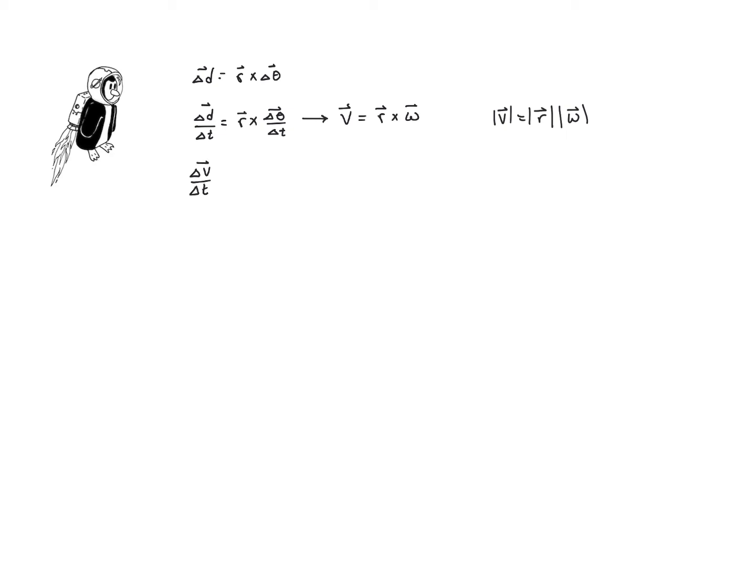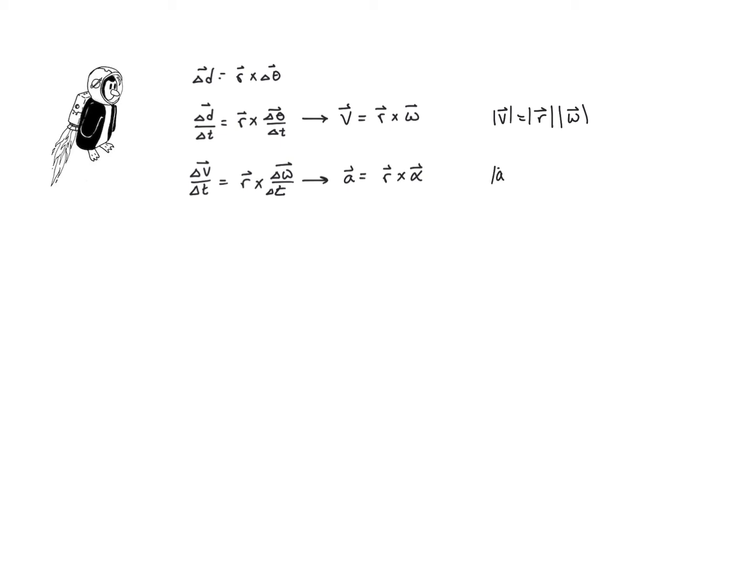So a change in velocity over time is our acceleration. We're still going to keep r constant, so that means we're going to cross it with delta omega over delta t. Well, that means I have an acceleration vector equal to the radius vector crossed with the angular acceleration vector.